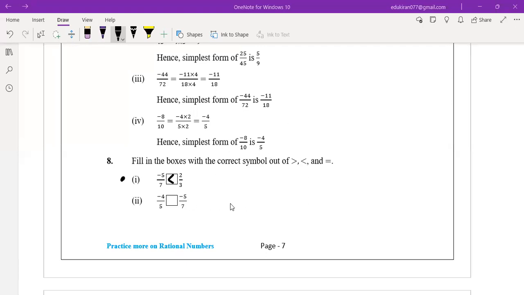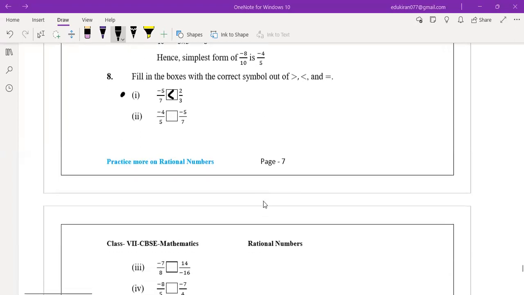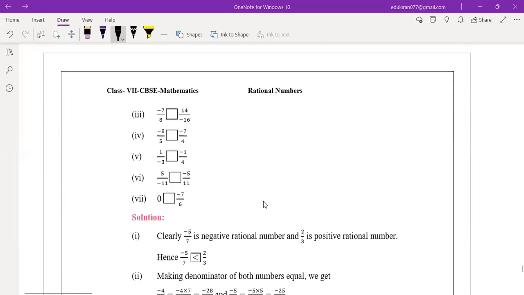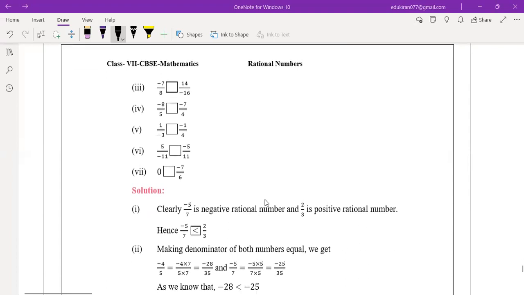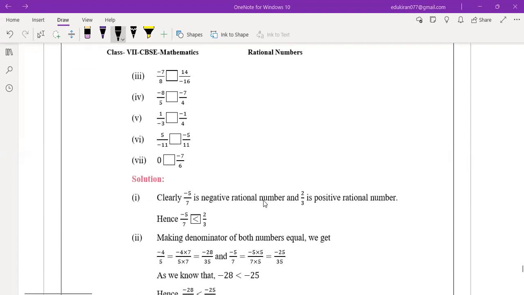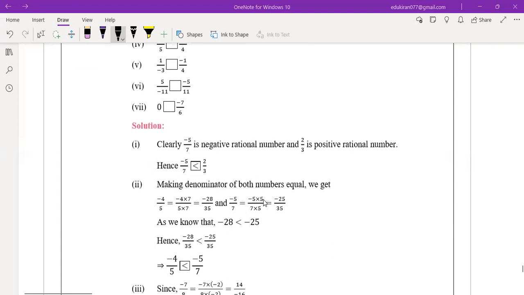How? Ma'am, because if we multiply 4 into 7, we'll get minus 28. And if we multiply minus 5 into 5, we'll get minus 25. As it has the minus sign, minus 25 is greater, like negative signs.